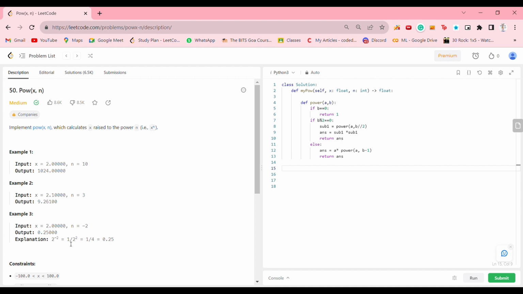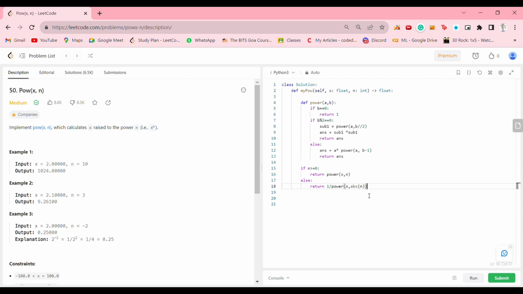Now what we need to do is, like I said, n could be negative in this case. So if the exponent that we have is positive, all we need to do is simply return the power of x to the power n, right? But otherwise, if n is negative, what we need to do is return 1 over the power of x to the absolute of n, right?